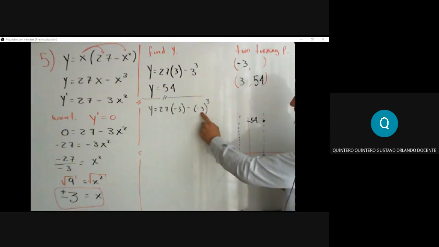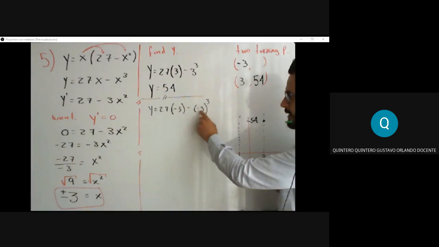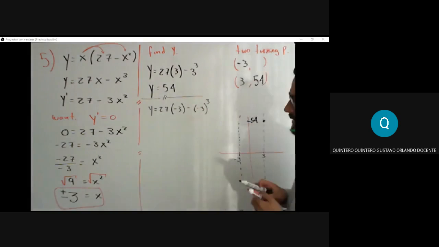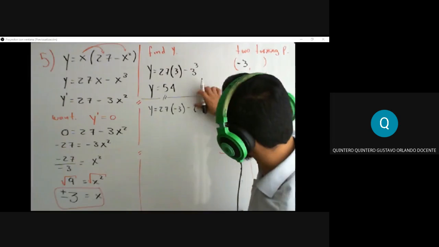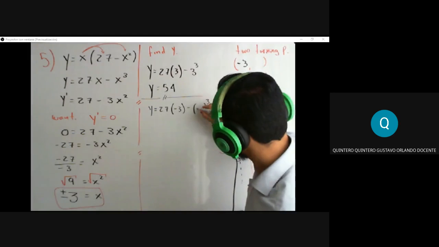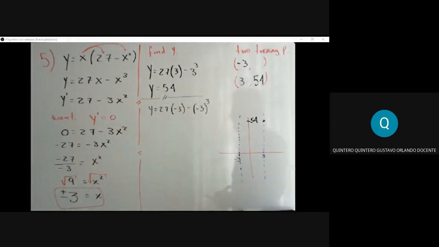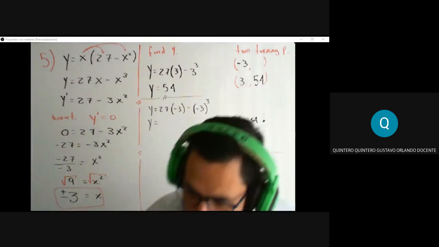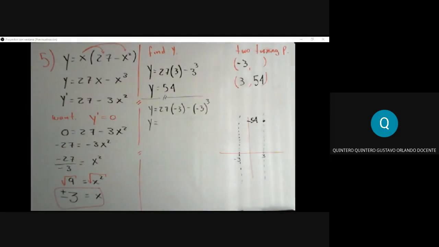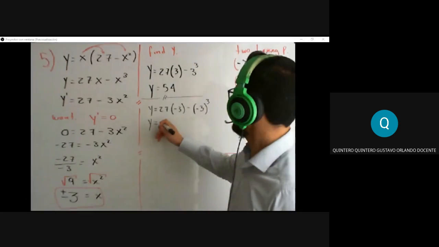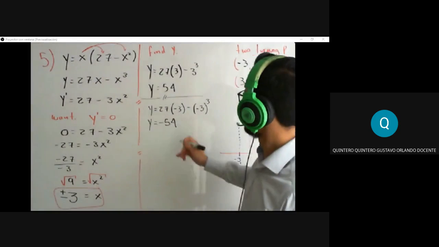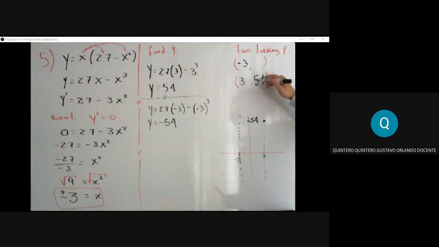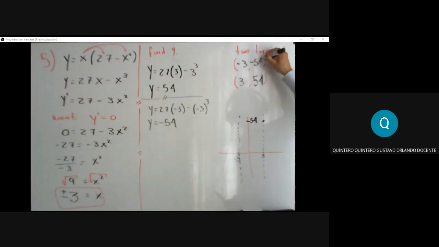The parentheses here is extremely important because you are doing this with the -3. The exponent also applies to the -3. All right? If we do this with the calculator, we will have a value of -54. All right, so the 2 turning points are going to be 3 comma 54 and -3 comma -54.